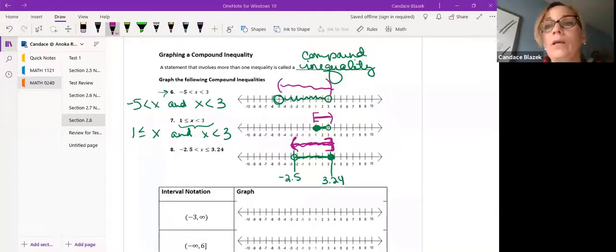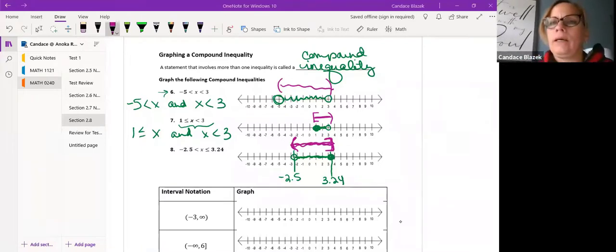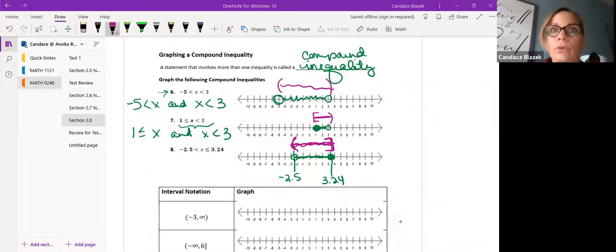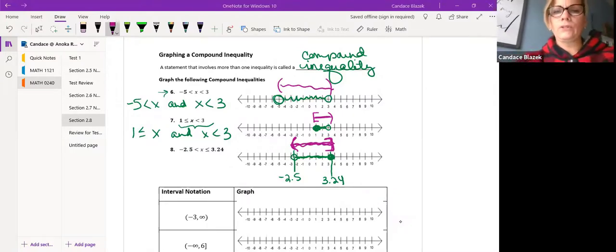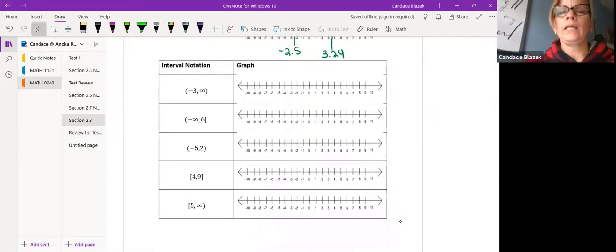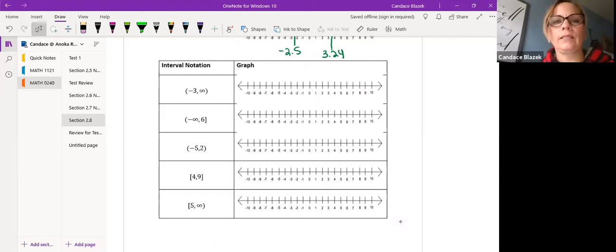All right, so we're going to go back and do more of 12.8. Here we go. We're going to continue talking about inequalities. Another type of notation that we have is interval notation, and it helps us to describe an inequality or a range of numbers in a concise manner.